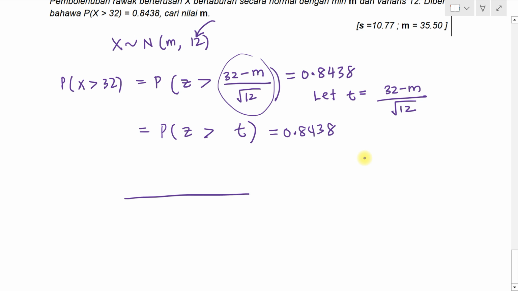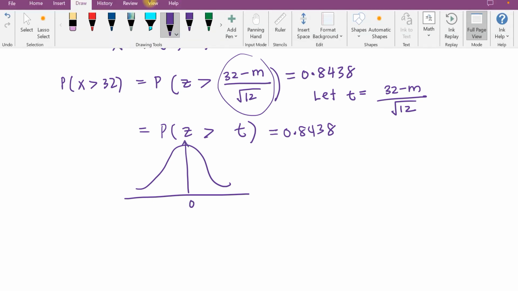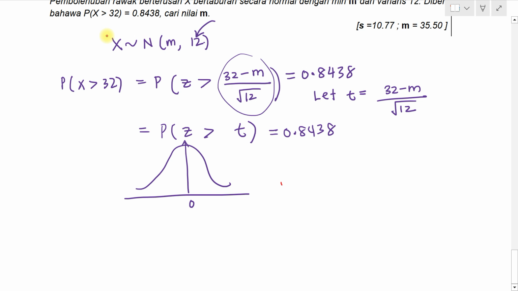Okay, now let's try to draw. Very bad, my normal distribution. Okay, this is 0. Your T, do you want to put it at positive or negative? Greater than. If I put positive and then I shade greater than, it must be less than 0.5, but the answer is more than 0.5. So positive T is not valid here. So if it is negative T and then I shade greater than, it is logical that it is more than 0.5.